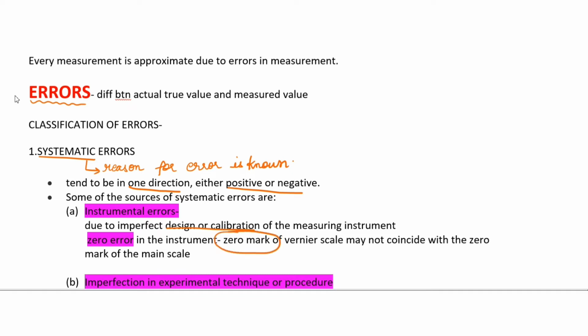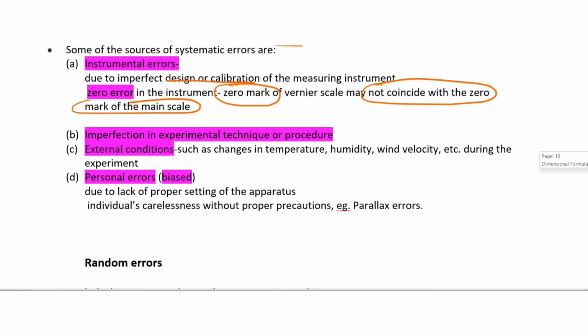Now let's look at the types, the sources of systematic error. The first one is instrumental error. Instrumental error is of two types. The first is due to imperfect design or calibration of the measuring instrument, and the second is zero error. What do you mean by imperfect design or calibration?